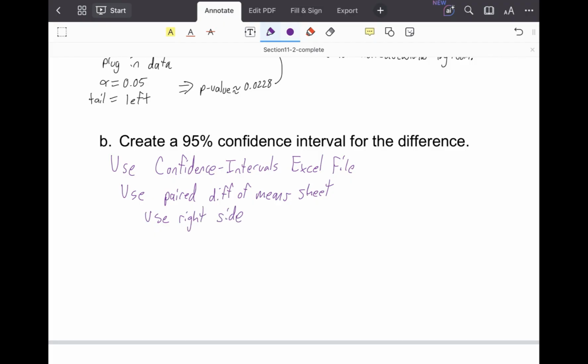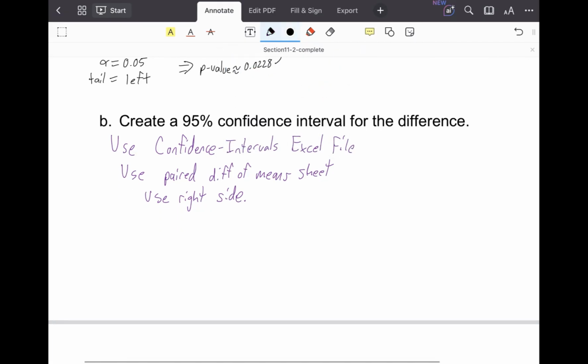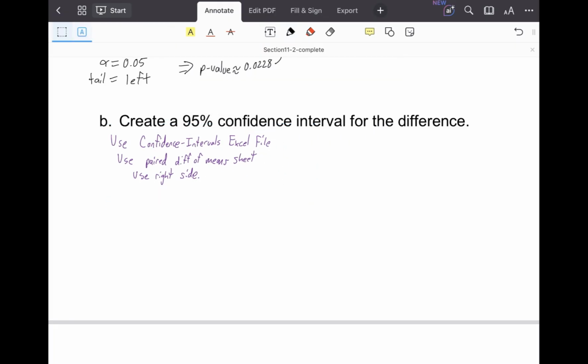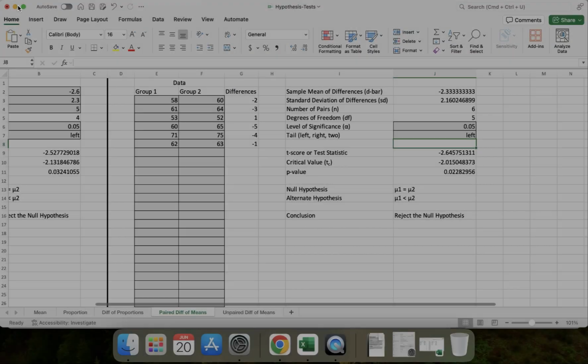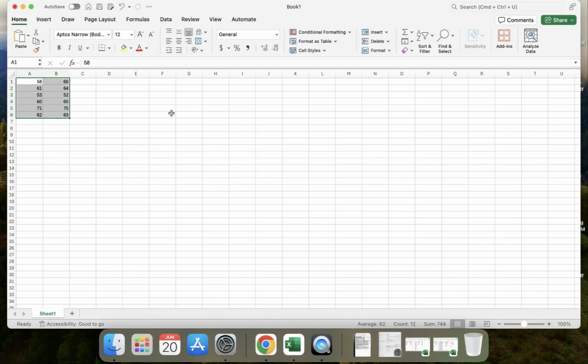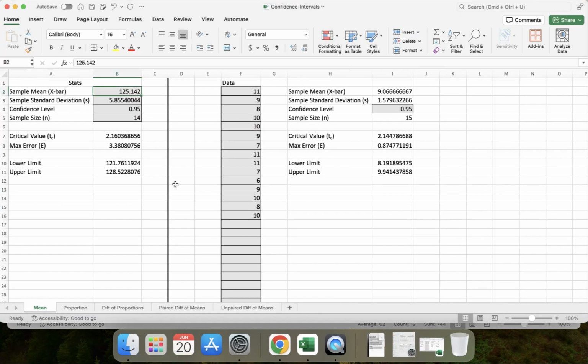It looks nearly the same as the other one that we used, but we're going to see when we plug those in, the only thing, okay, I just put this down to 0.95. Get our lower limit and our upper limit. So let's see what this is going to give us. And once we see this, we'll hopefully notice, oh wow, that's slightly misleading when you look at just the hypothesis test.